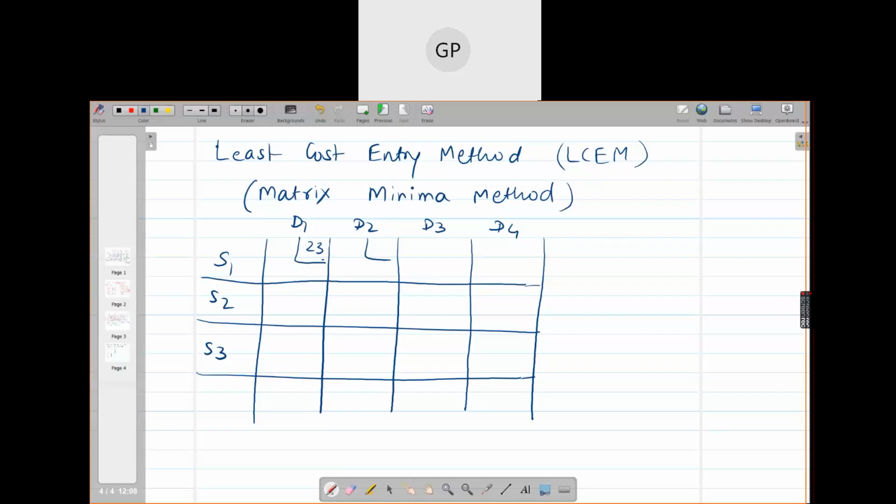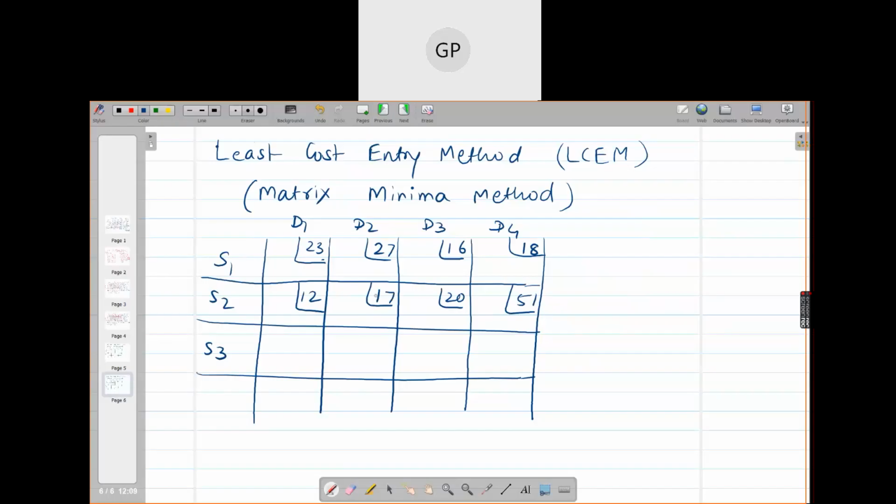The second problem. 23, ma'am. The problem we have solved just now. All of you rewrite the problem. We will solve the same problem so that we will understand how much reduction there is using a different method.